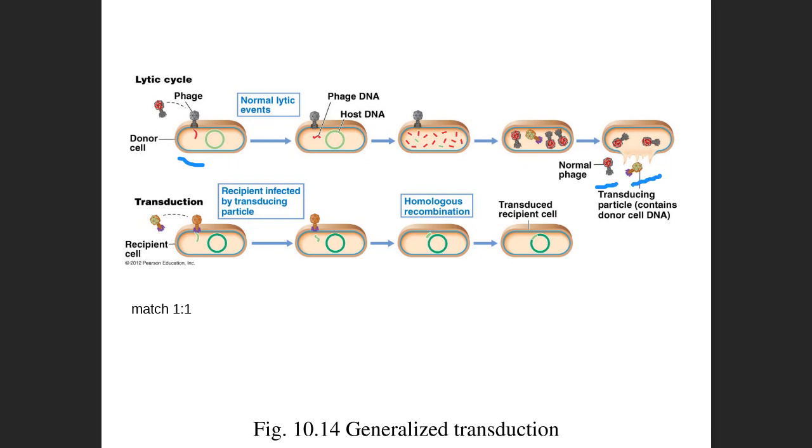So at this stage it is the same as the transformation, right? The DNA gets in, and it gets incorporated through strand exchange, crossing over. The two crossing-over recombination events are possible because this is a linear DNA.